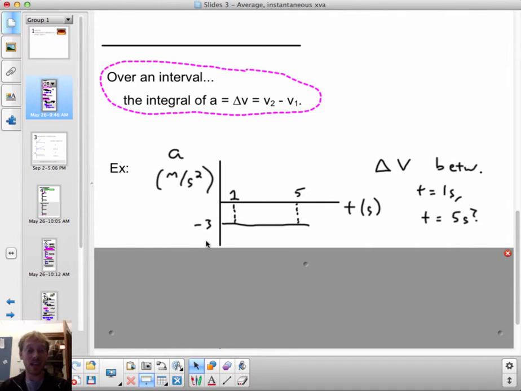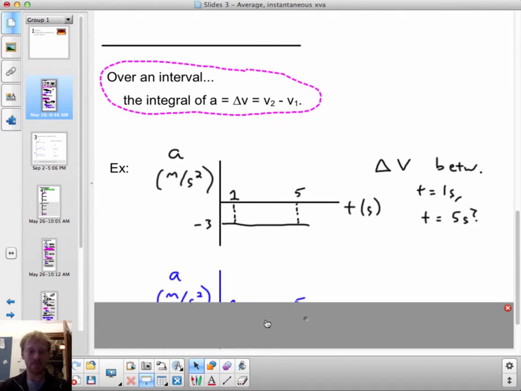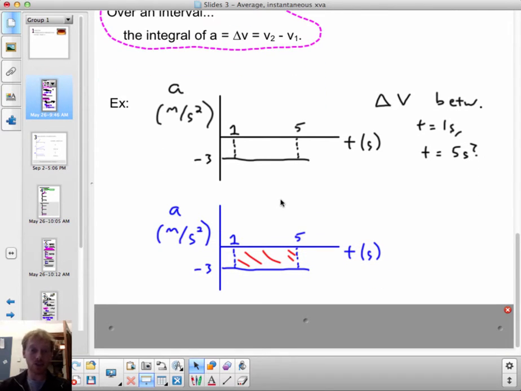Well, the way you can find the change in velocity is to find the integral of acceleration, and that's like the area of that rectangle. I expect that it's going to have a negative value because this rectangle is below the horizontal axis. And let's see, the base of this rectangle is 4 seconds, and the height of this rectangle, if you like, is minus 3 meters per second squared.